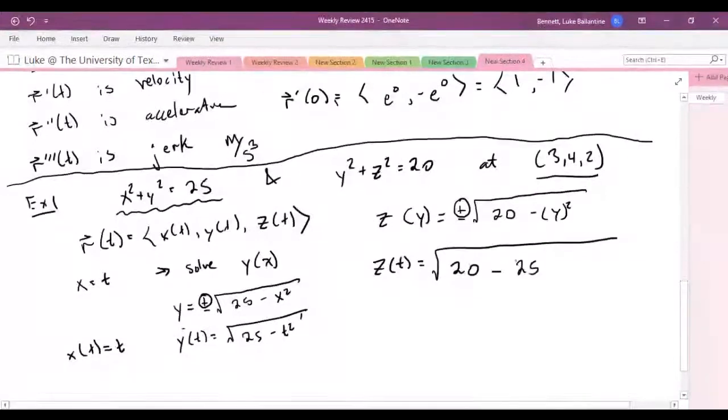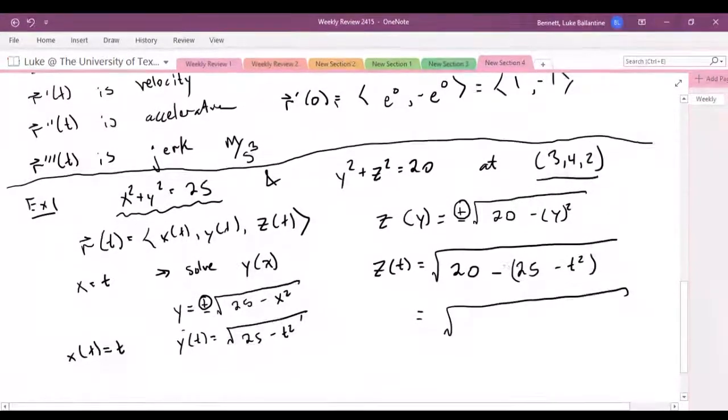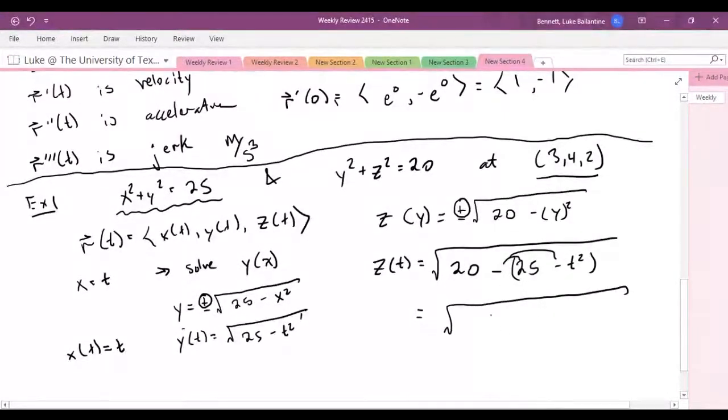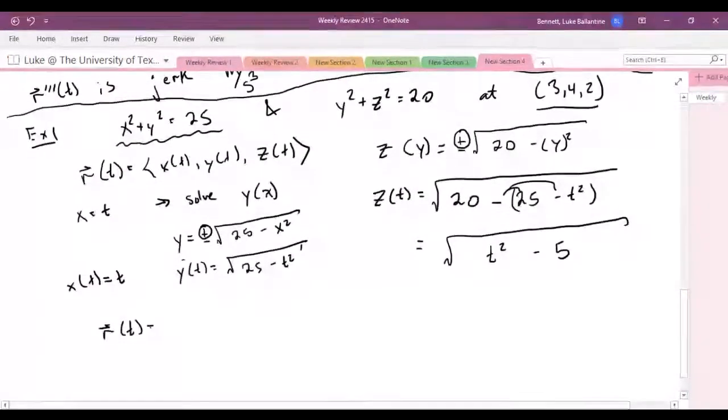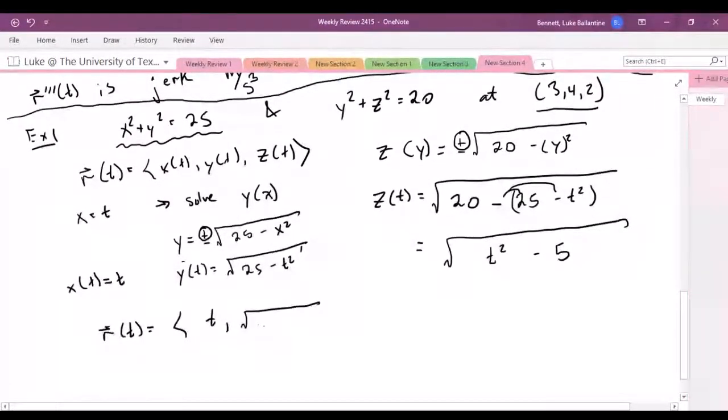We get 20 minus 25 minus t squared. This is equal to the square root of, distributing and adding everything, positive t squared, and 20 minus 25 is negative 5. And our vector valued function of the curve of intersection is r of t equals (t, square root of 25 minus t squared, square root of t squared minus 5).